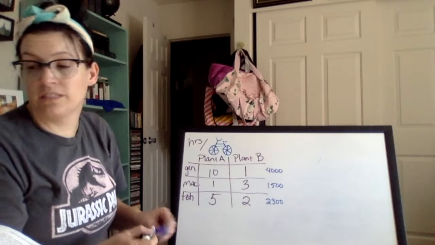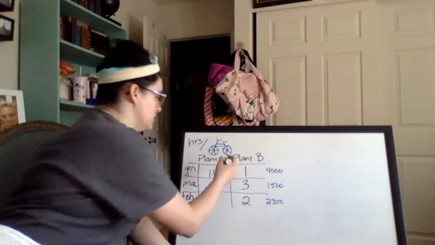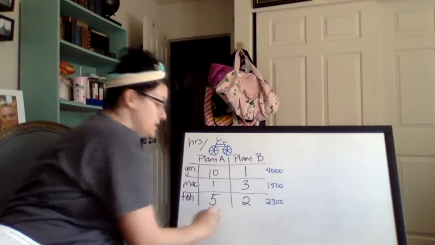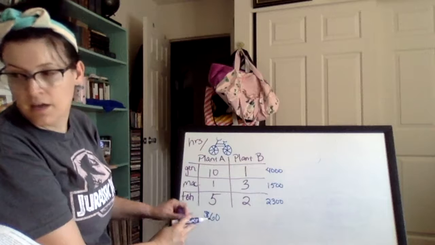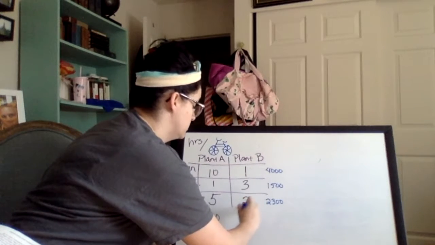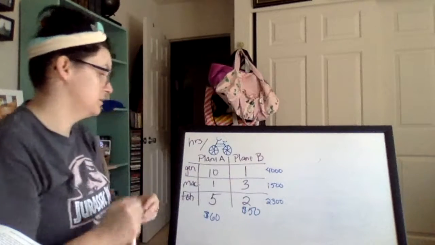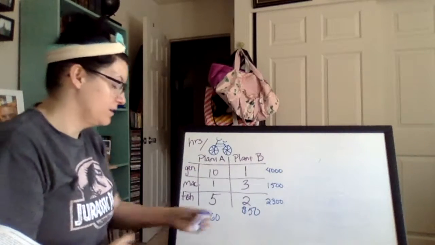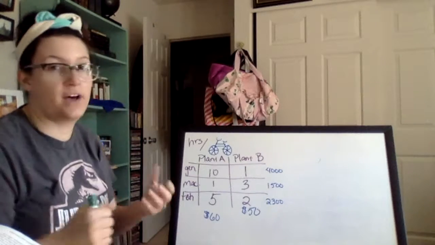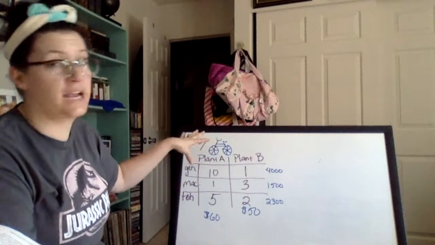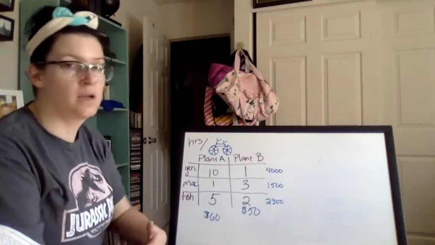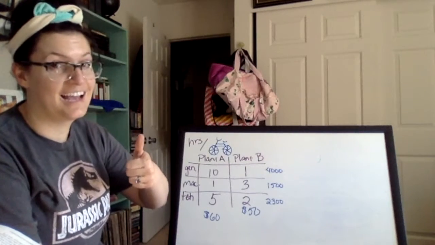Plant A earns $60 per bicycle, and plant B earns $50 per bicycle. Okay. So then we want to find out how many bicycles plant A should make and how many bicycles plant B should make so that we make the most amount of money.